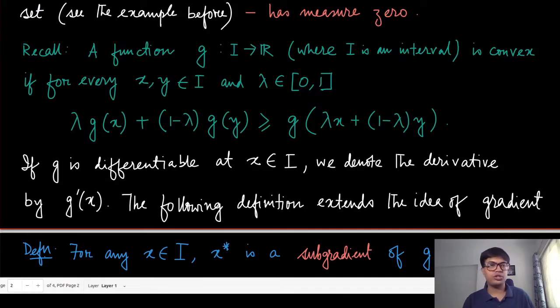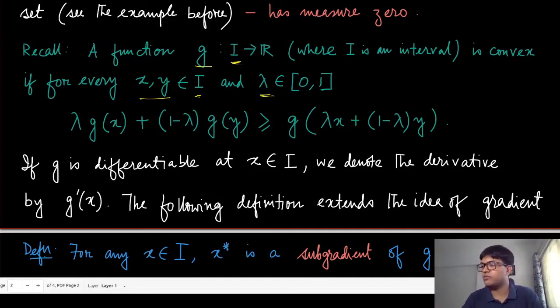Now, I'm sure that this definition of the convex function is known to all of you. Whenever we are defining a convex function g, then for every point x and y in its domain, and for any lambda living in the interval [0, 1], this is true.